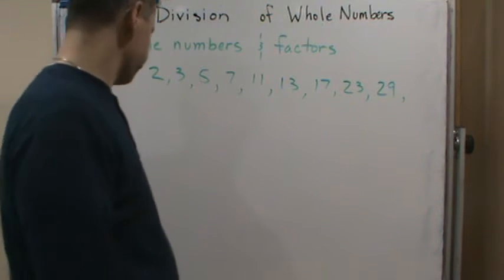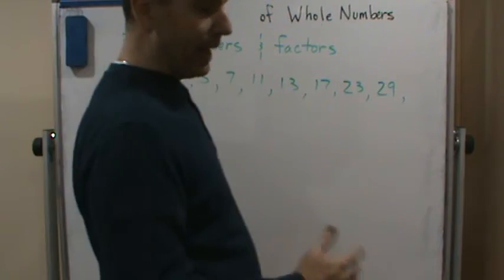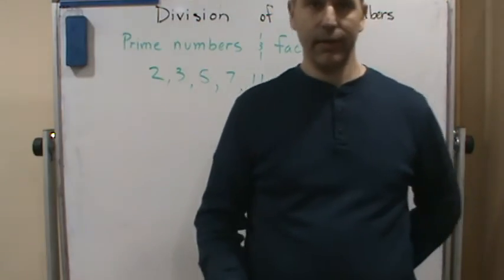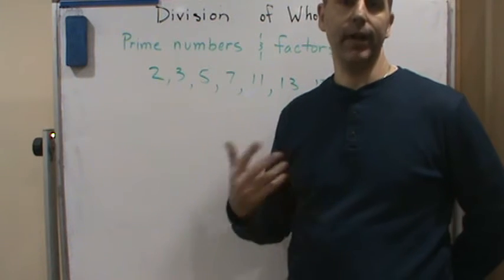Okay, so why are we doing this? Well, because there's this idea of prime factors. It turns out that every number has a unique prime factorization. As you've seen in the other video, there are many different factors of a number.